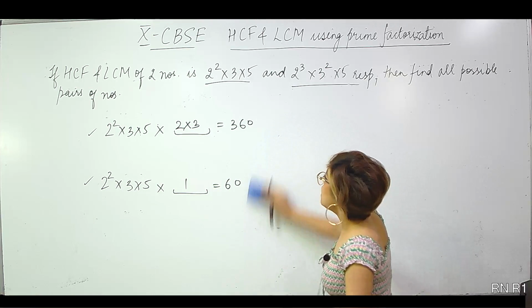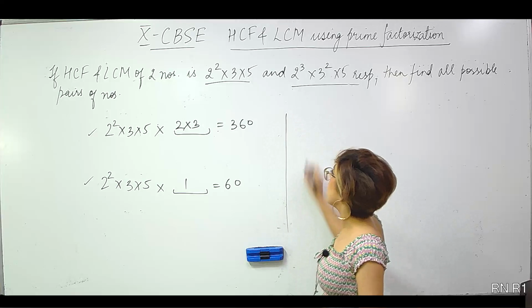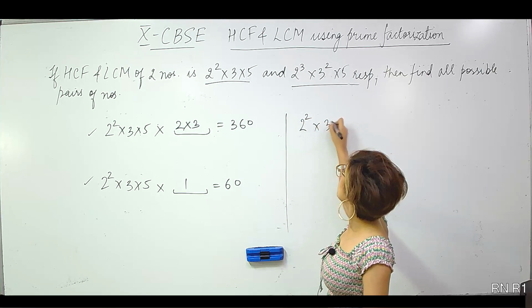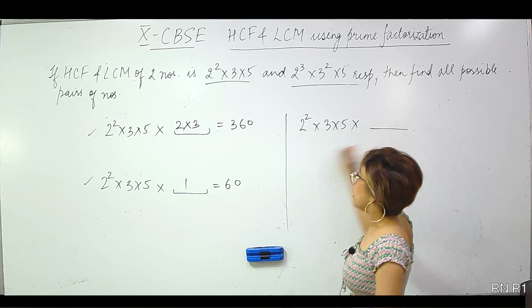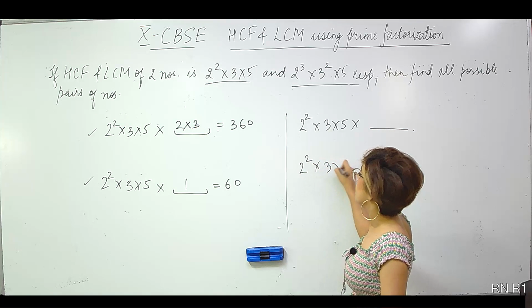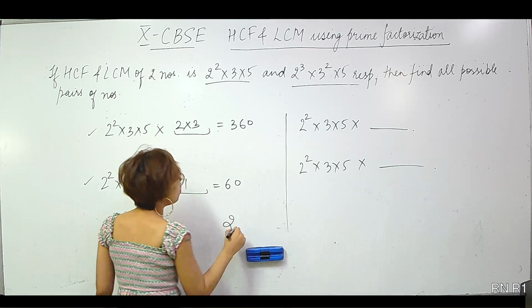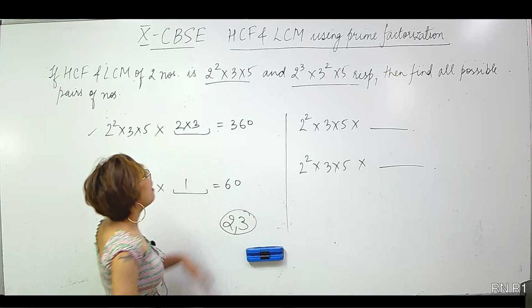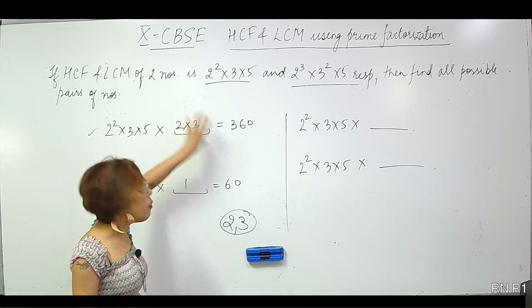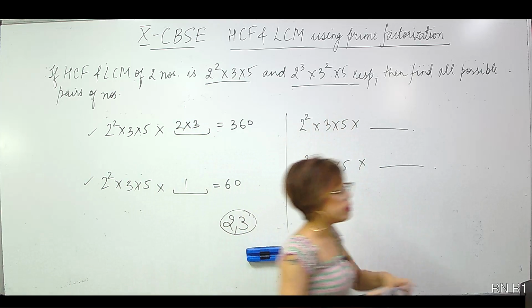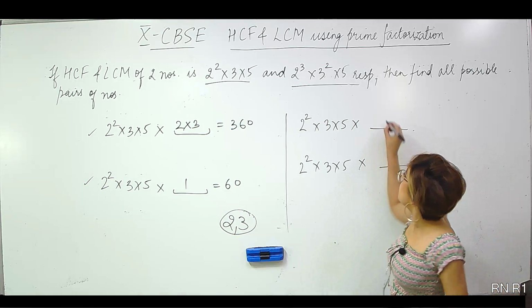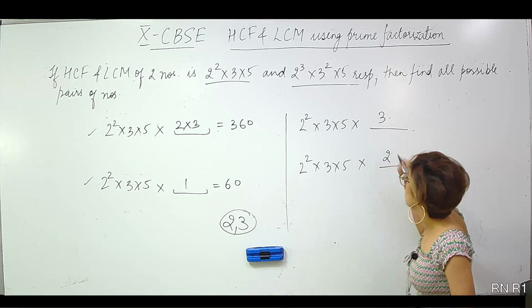Right? Now, what other possible ways can there be? So my number was 2 square into 3 into 5 into something and then 2 square into 3 into 5 into something. And I realized I need to put in 2 and 3. Now, one way I put both of them in one. Now what I'll do is I'll put one of them in each. So let me put 3 over here, let me put 2 over here.